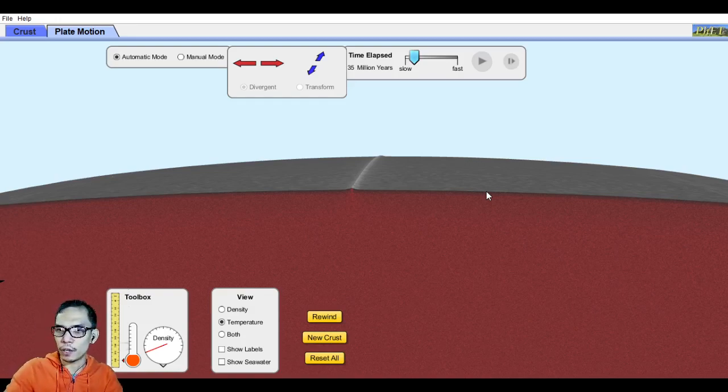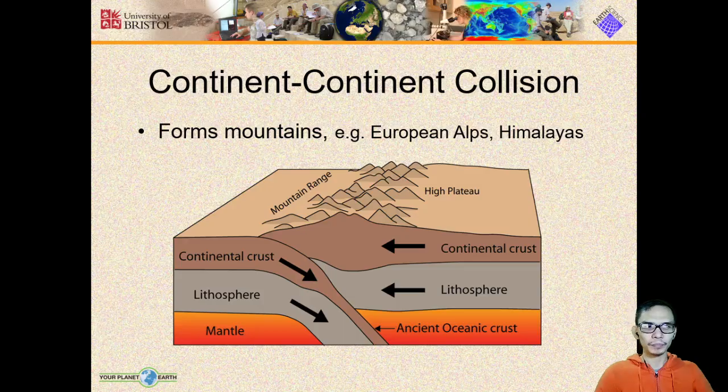All right, so let's go back to our list. We are done with the divergent. So we have here the continent-to-continent collision. This is the first style of convergent type boundary.